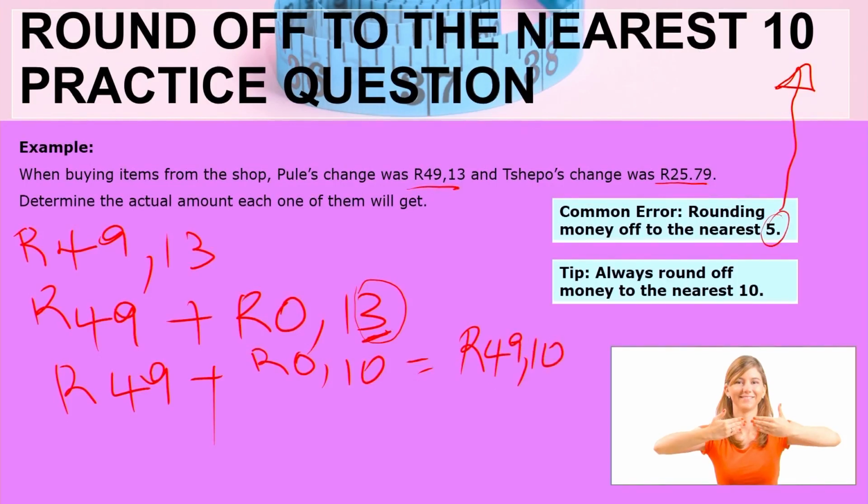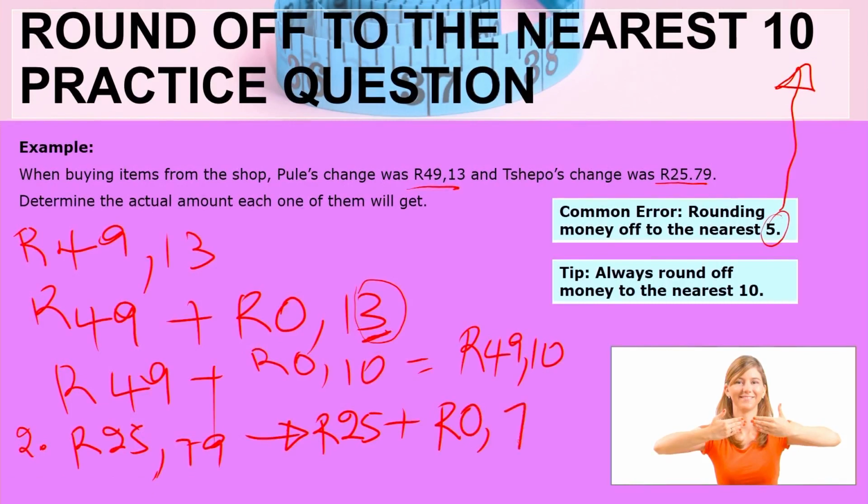And then the same as we look at what Tshepo will get as well. Remember, for Tshepo, we have 25 Rand 79. Once more, 25 Rand 79 is similar to 25 Rand plus 0.79. Then you can see the 79 cents is very close to 80 cents because 9 is greater than 4.